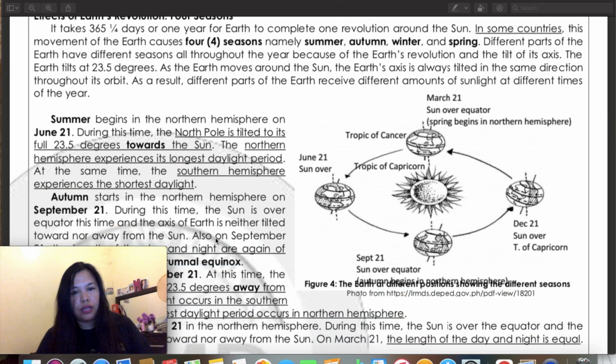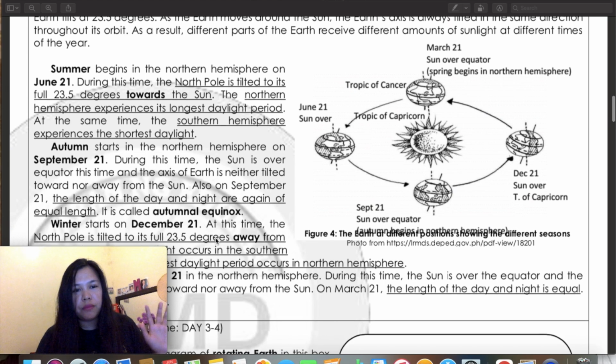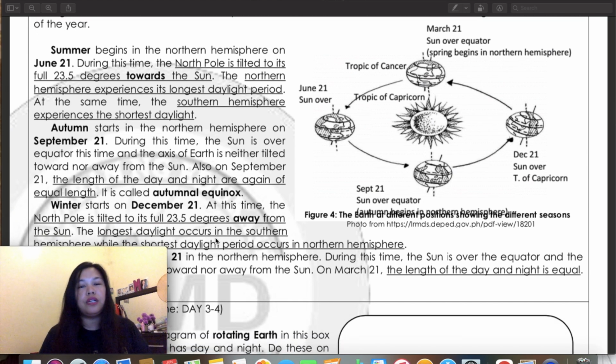And, ito, summer begins in the northern hemisphere on June 21. During this time, the North Pole is tilted to its full 23.5 degrees. So, imagine natin kung gaano kalawak yung 23.5 degrees na pag-tilt niya, yung pag-slant.